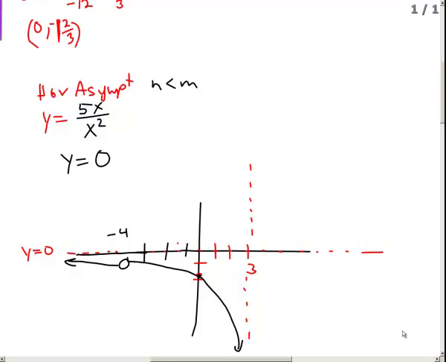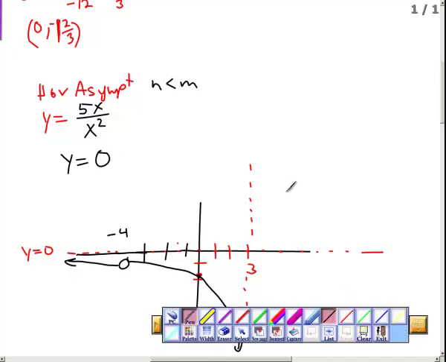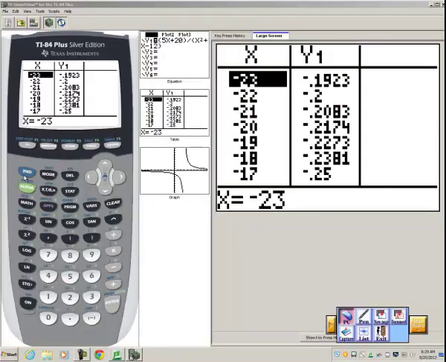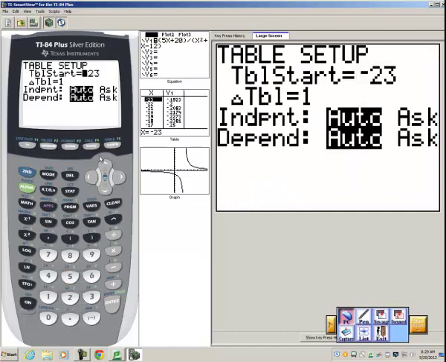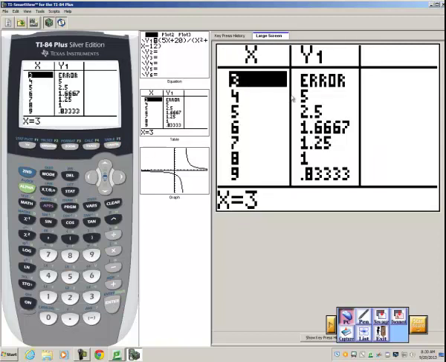Now let's see what it's going to do to the right of our vertical asymptote. We can go to second, table set, and go straight to 3, so we don't have to slide our cursor over so much.